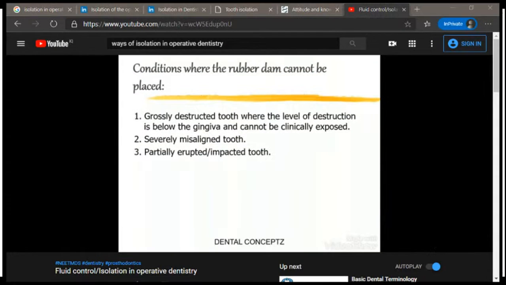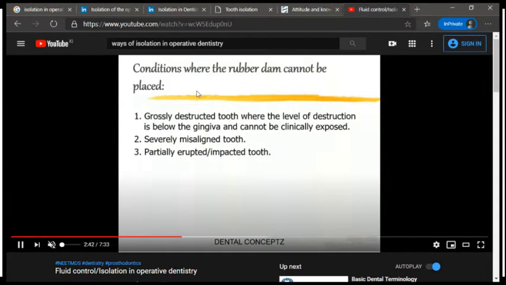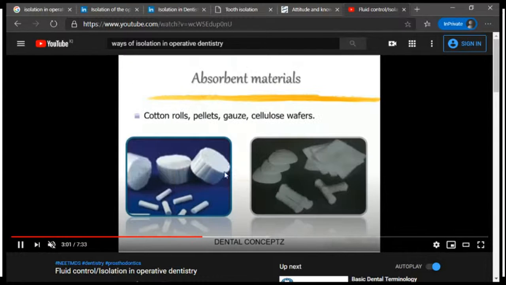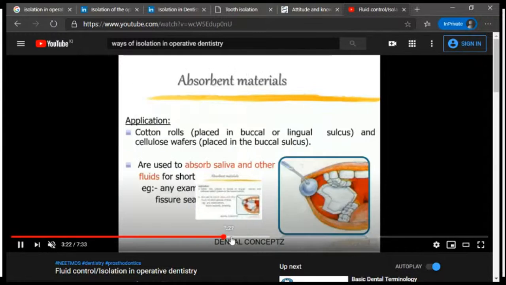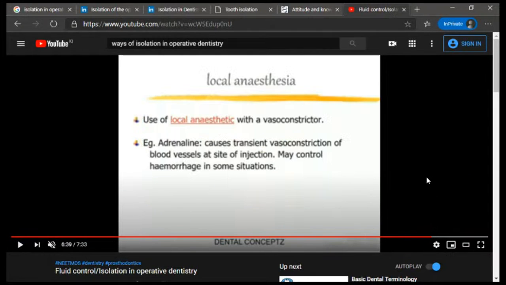There are conditions where the rubber dam cannot be placed: extensive destruction of the tooth, severely malaligned teeth, partial eruption. Absorbent material, cotton pellets, and gauze will fit in this subject.